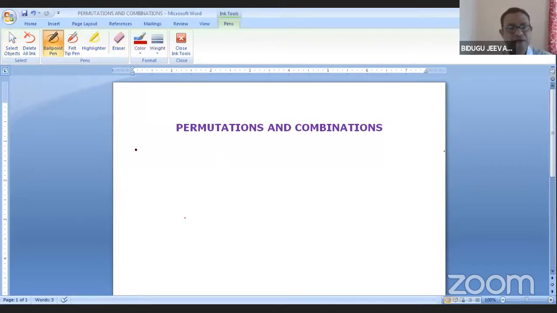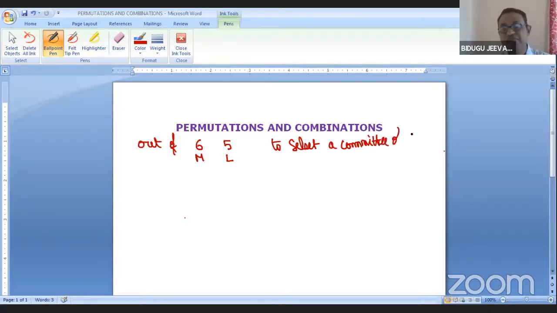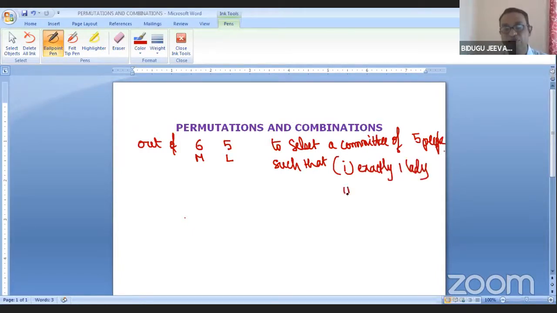Now, let me talk one example. Listen carefully. Out of 6 men and 5 ladies, to select a committee of 5 people, such that: number 1, there is exactly 1 lady; number 2, at least 1 lady, I'm taking the possibilities; number 3, majority of ladies.